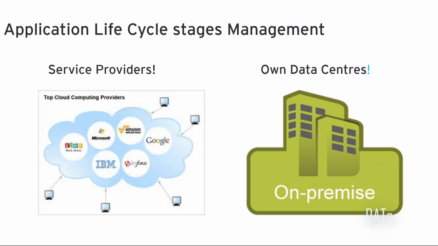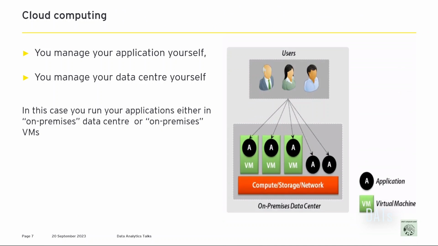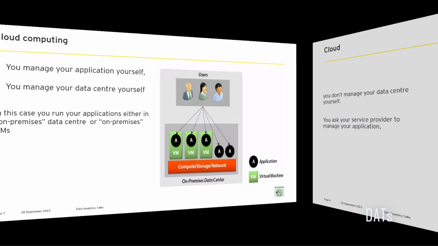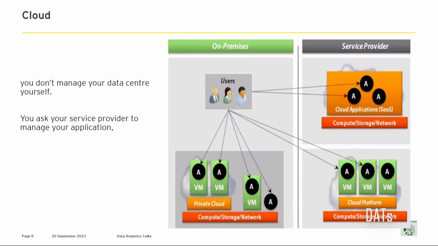So to make it clear, when you are not using the cloud, you manage your application yourself, you manage your data center yourself, on your on-premises data center or on-prem VMs. But you will use the cloud benefits when you don't manage your data center yourself. You ask your service provider to manage your applications.